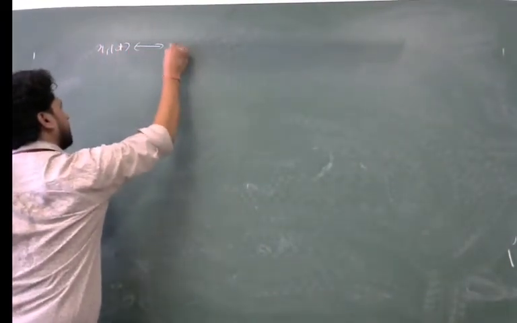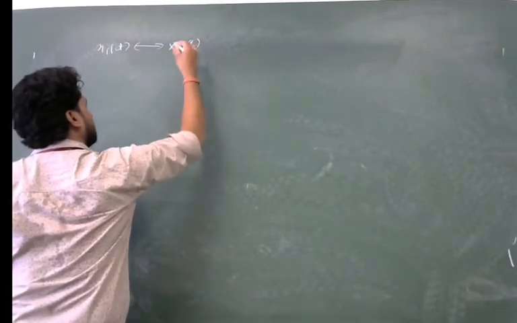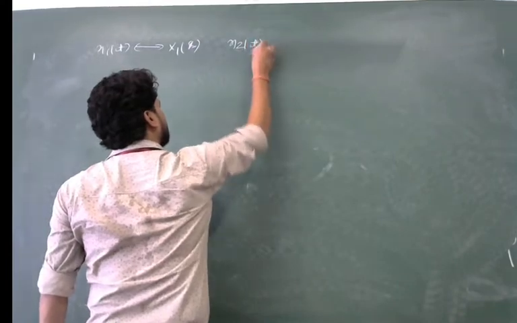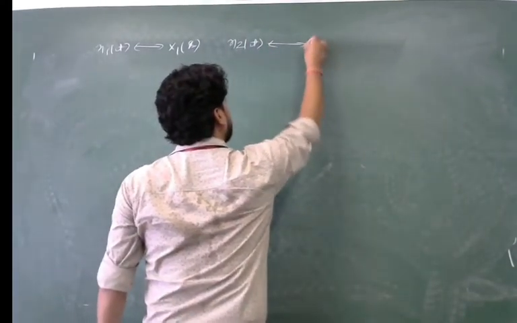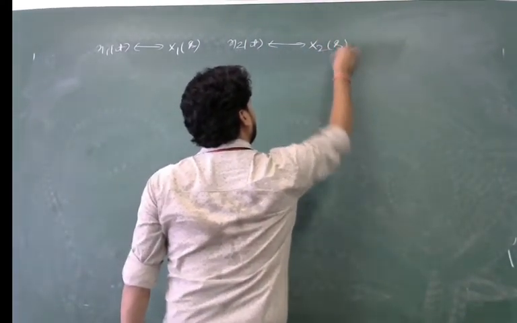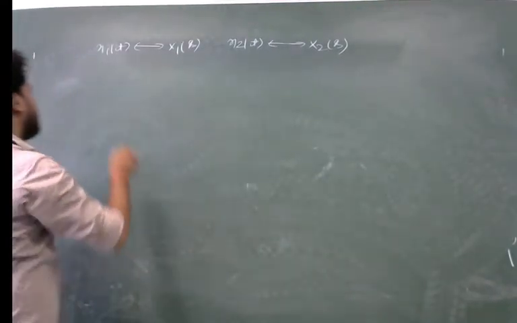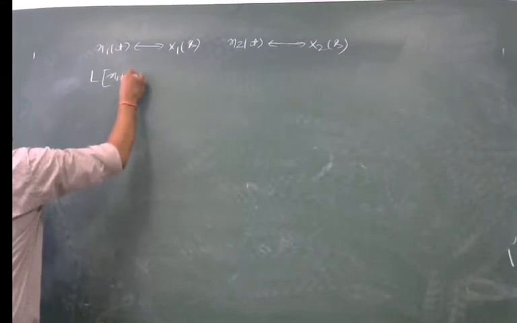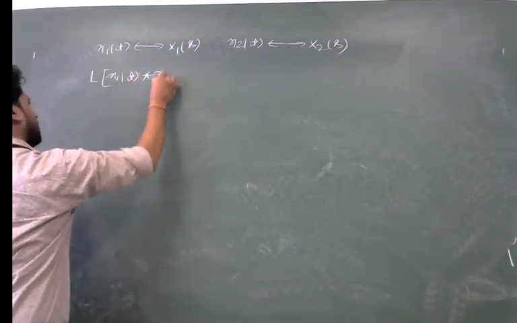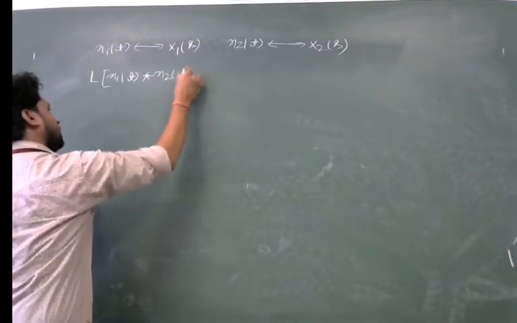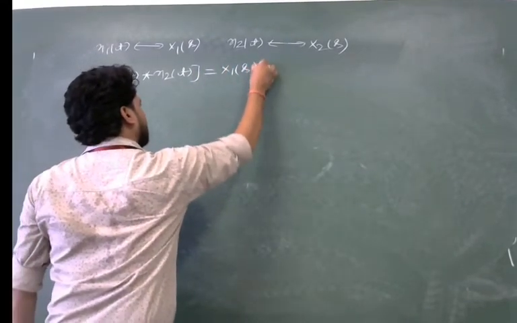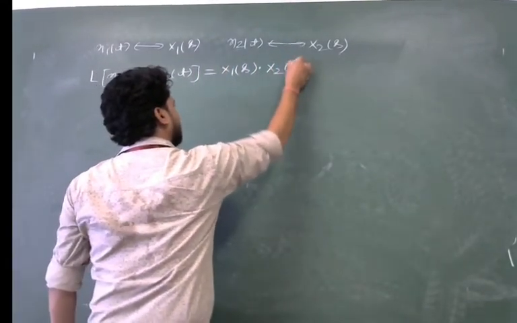the Laplace transform of x1t convolution with x2t will be equal to simply x1 of s into x2 of s.